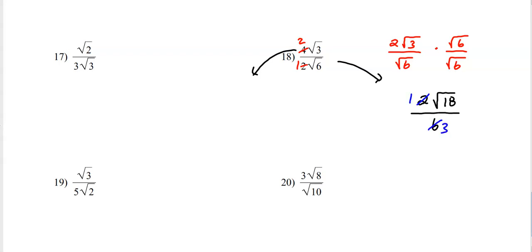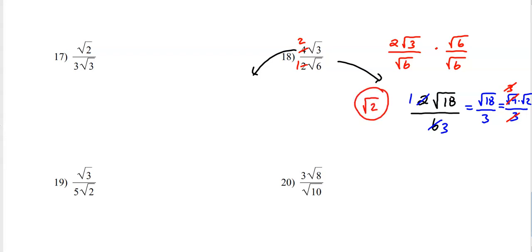So now I have the square root of 18 over 3. But the square root of 18 can be broken down, because that is the square root of 9 times the square root of 2, all over 3. And then the square root of 9 is just 3. And then I got 3 on top and 3 on bottom. So at the end of the day, all I'm left with is a little old radical 2.